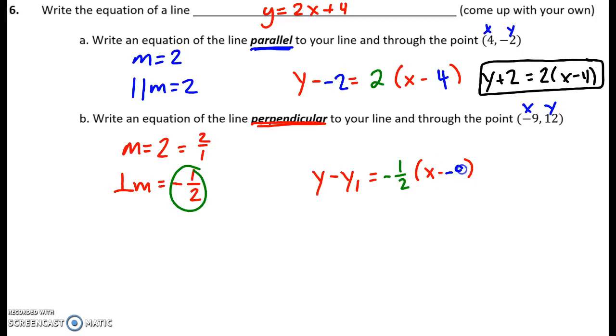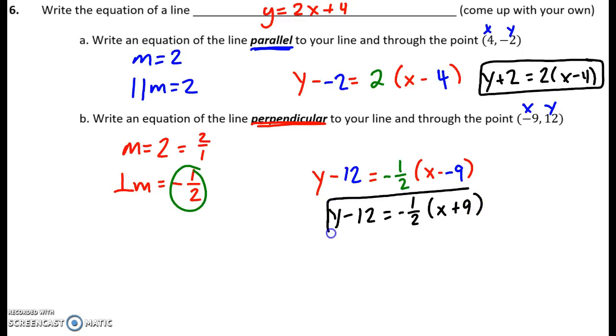You'll have to clean this up because you take away a negative. So y minus 12 equals negative 1/2 times x plus 9. Point-slope form is okay because it just said write the equation.